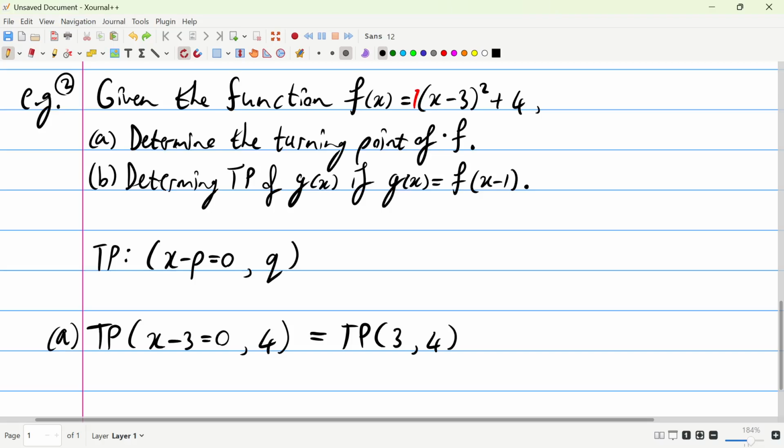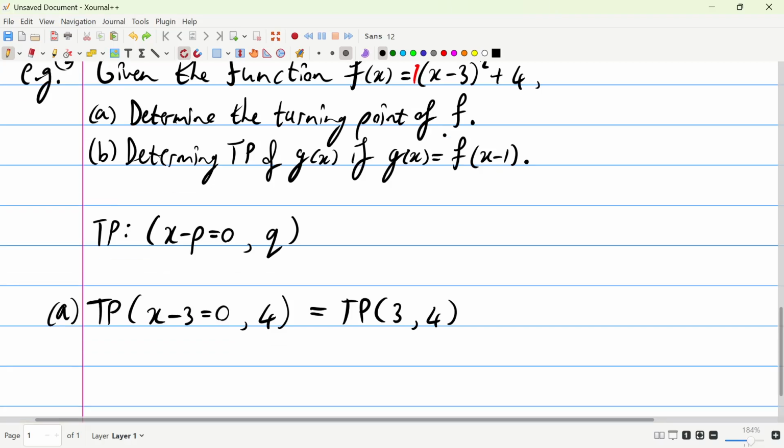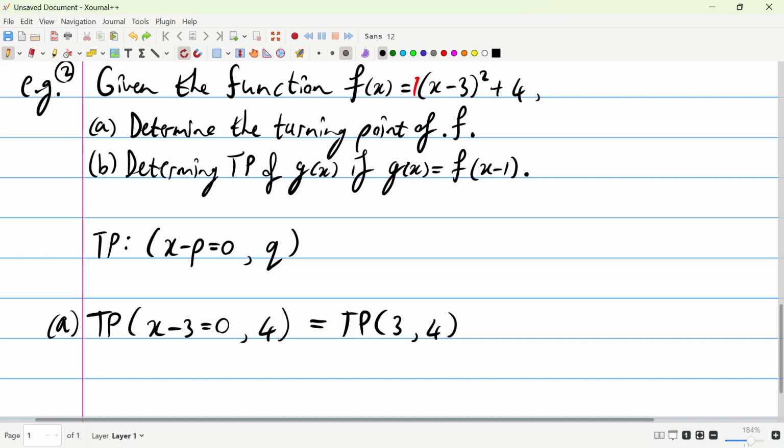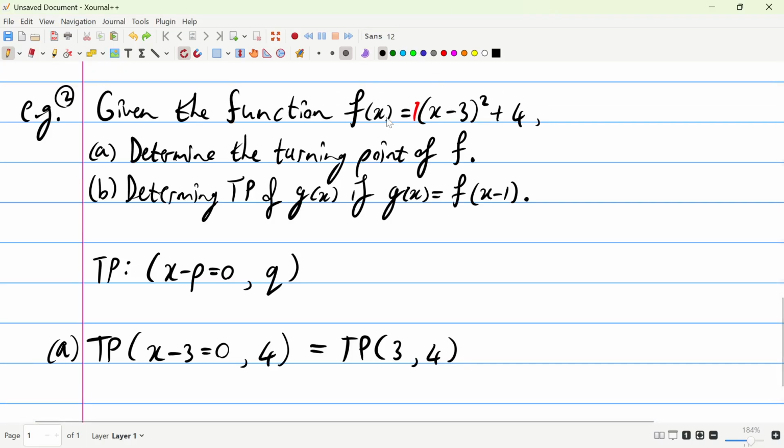So let's move on to number B. Number B says determine the turning point of g of x if g of x is equal to f of x minus 1. So f of x minus 1 is essentially us saying that it's f of x, but we replace the x with x minus 1.